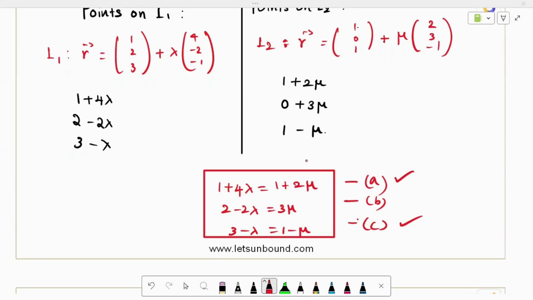If it gets satisfied, they will intersect. If it does not get satisfied, they are not intersecting. So we have to prove they do not intersect, because they are not parallel. Right, so let's get into the GDC part now.